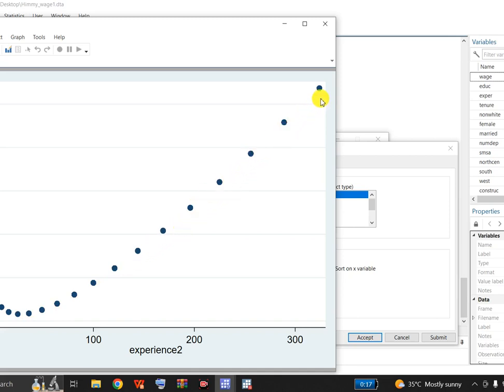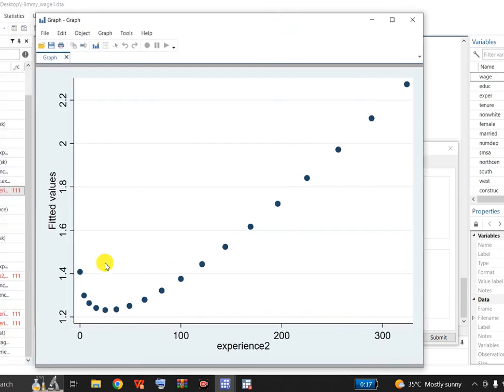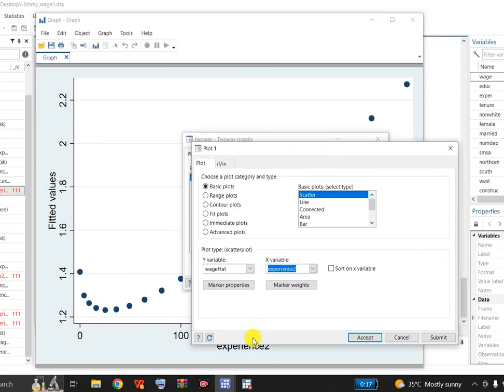experience squared. So what we did, we basically transformed experience to experience squared, and we also transformed wage into log wage, and now you see that the result is very good, and that is how non-linear transformation improves the output of the model.